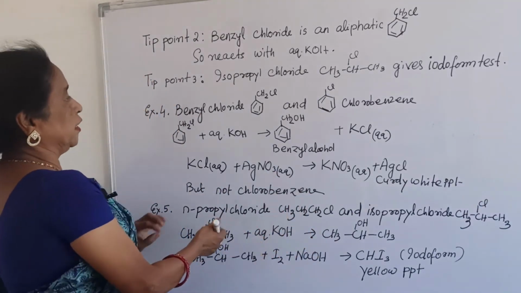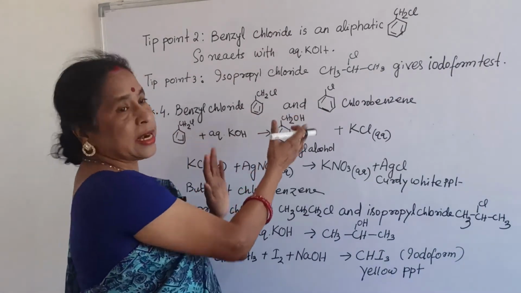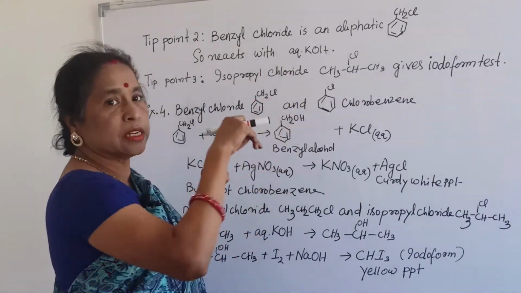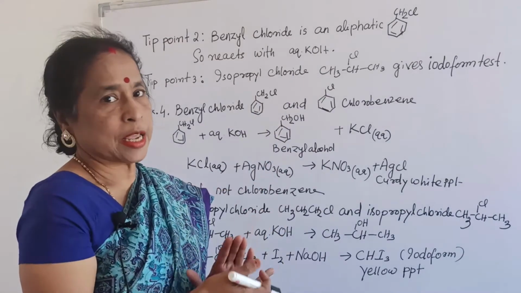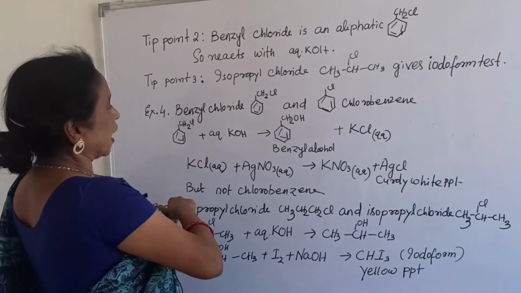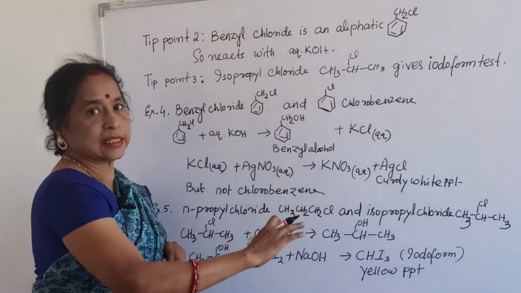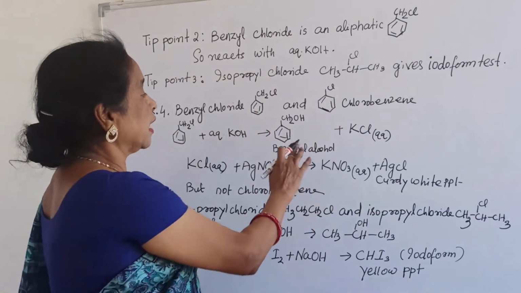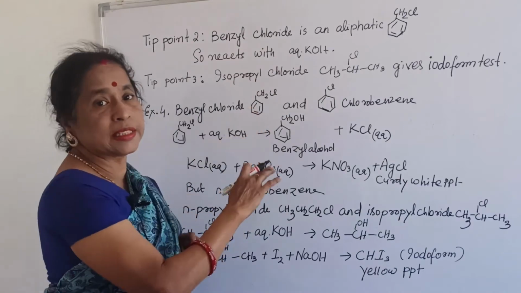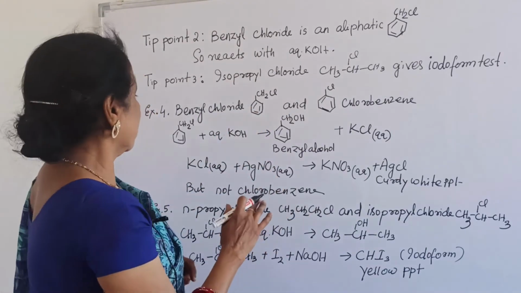First you will see the example, benzyl chloride and chlorobenzene. Benzyl chloride is one type of haloalkane, so it reacts with aqueous KOH and gives alcohol and KCl. That alcohol is called benzyl alcohol, which is an aliphatic alcohol.